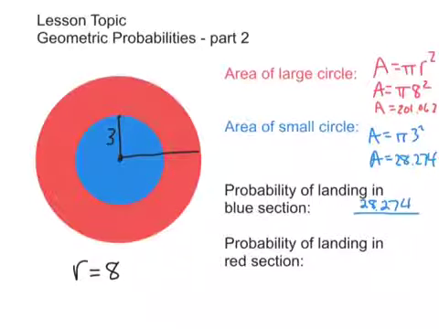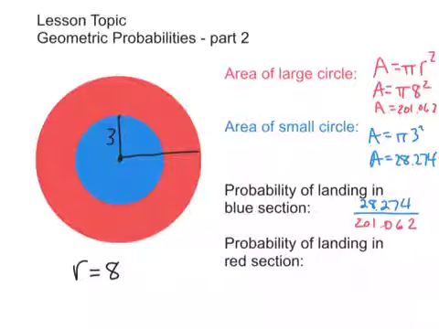And again, the entire sample space that you could hit is the entire dartboard, including the blue part, which is the area of the large circle, 201.062. That simplifies to 0.141, which is about 14%. So 14% likelihood that you would hit the blue part out of the entire target.